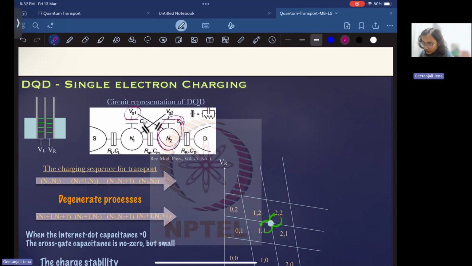Or if we vary VG2, then the electrostatic potential of the first quantum dot also gets affected.